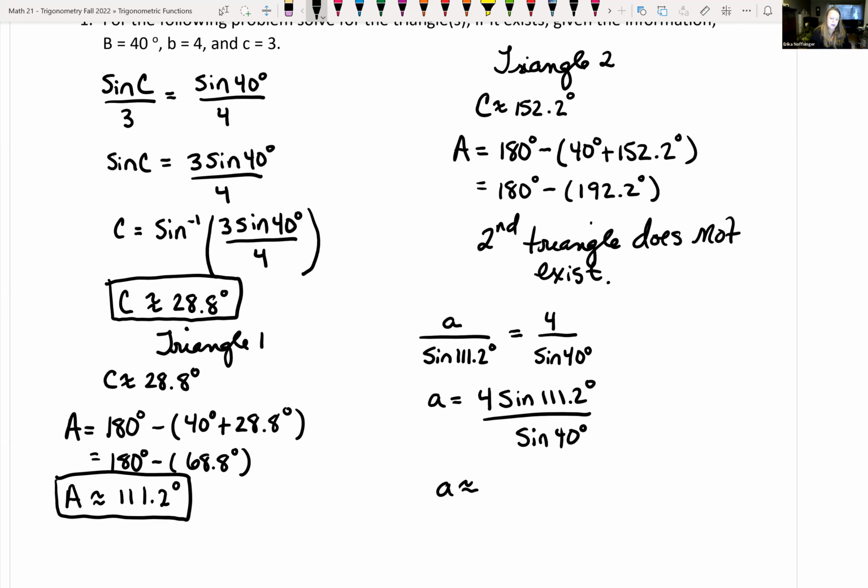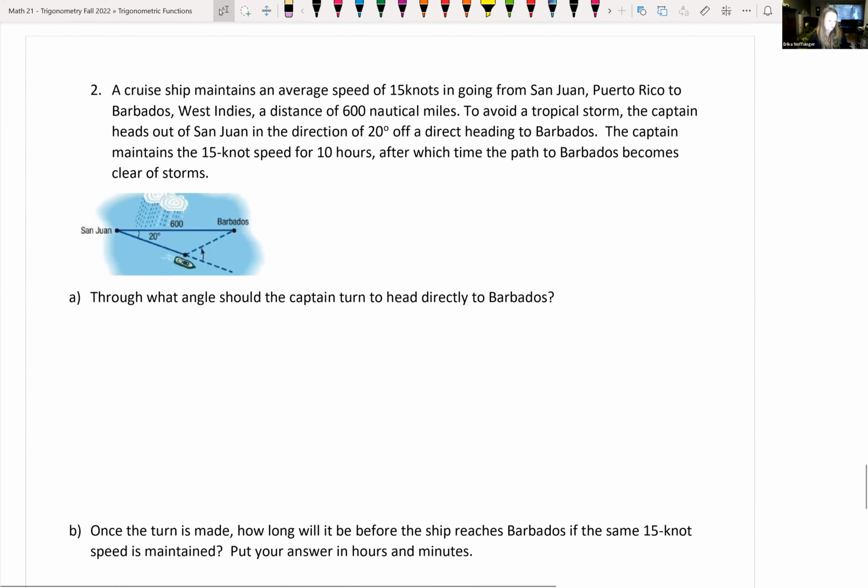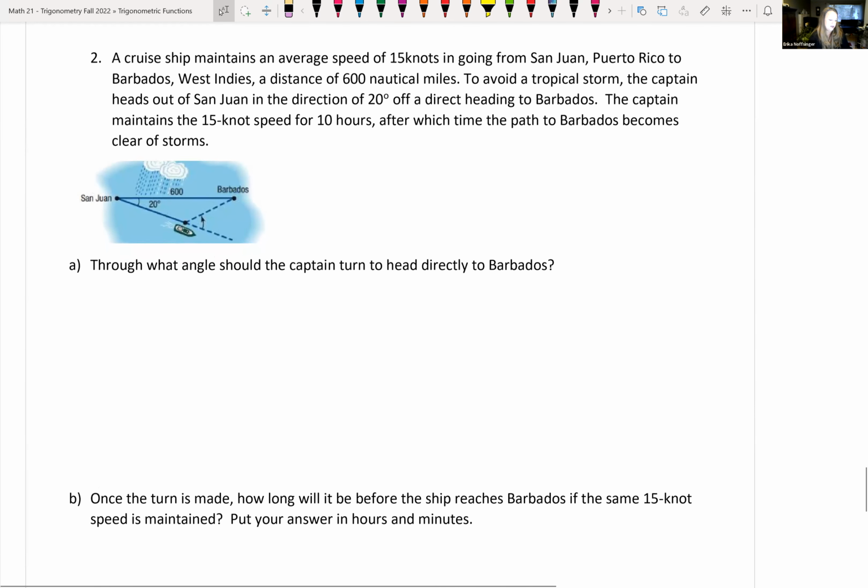Okay, so moving right along, let's look at the next question. In the next question, we have a word problem. So let's read through this first, and then let's pick out the information that we need. A cruise ship maintains an average speed of 15 knots going from San Juan, Puerto Rico to Barbados, West Indies, a distance of 600 nautical miles.